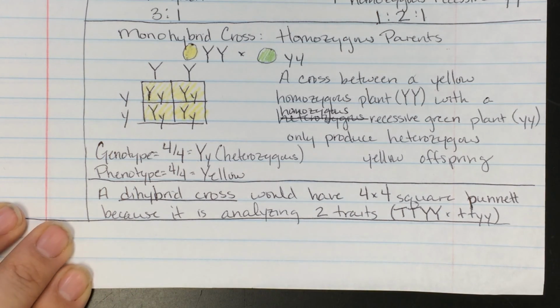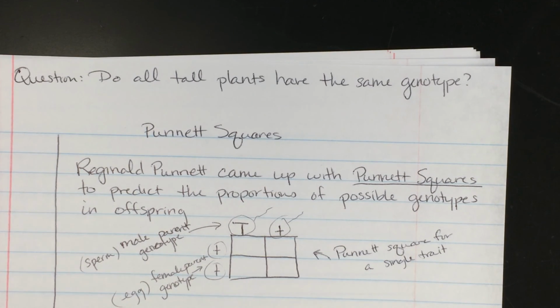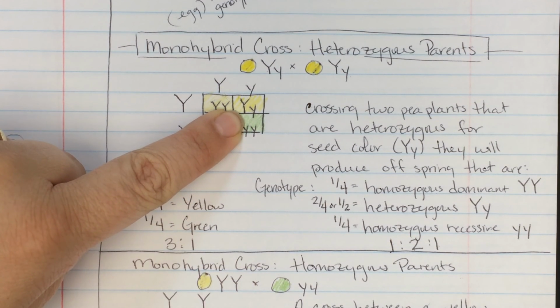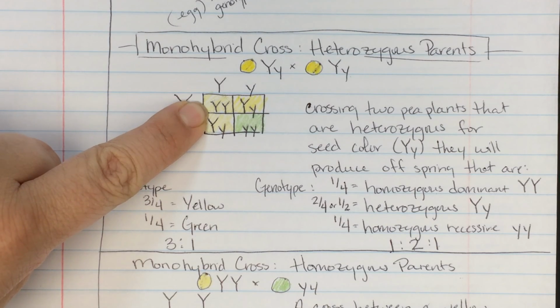So if we go back up to our leading question, do all tall plants have the same genotype? Well, in our example today, we use the color yellow and green, but if we were to treat it as tall and short, would all tall plants have the same genotype? Not necessarily. They could be heterozygous, big little, or they could be homozygous dominant, big big.